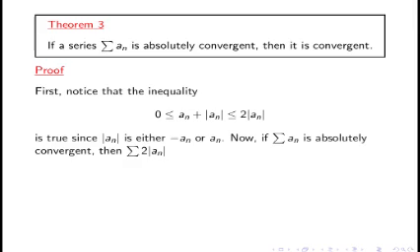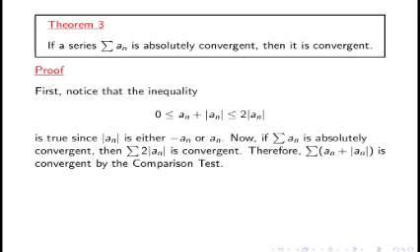So if the series a_n is absolutely convergent, what that means is that the sum of the absolute value of a_n is convergent. And now I can simply multiply by 2, take the 2 inside the sum symbol and get that the sum of 2 times the absolute value of a_n is also convergent.